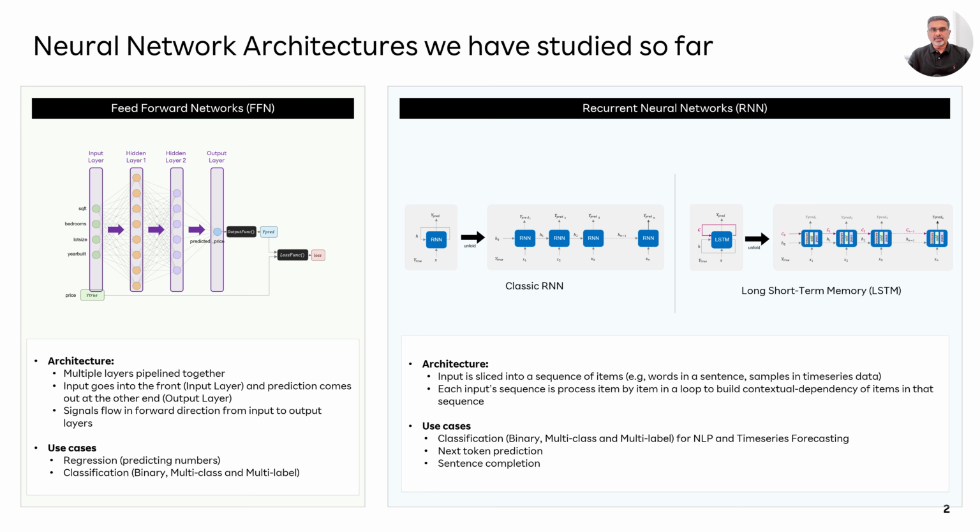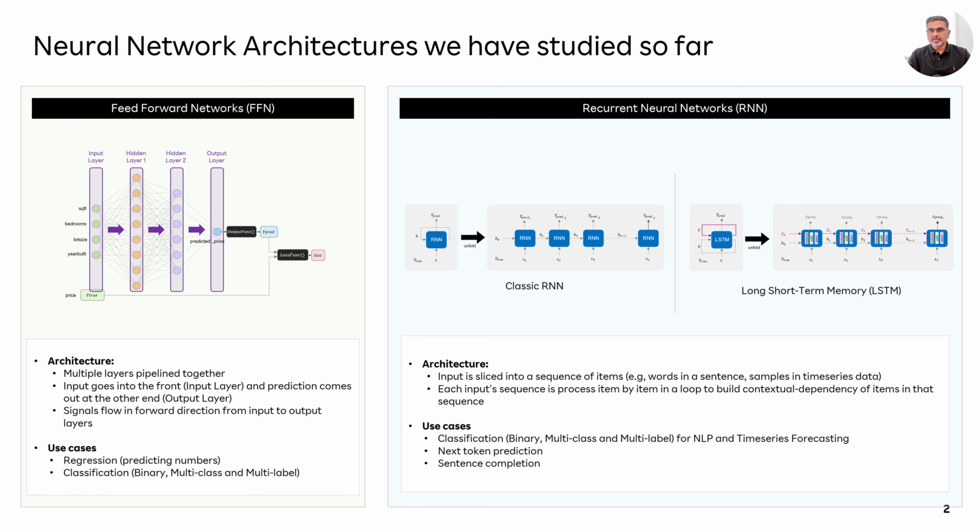We know that a sentence is made up of individual words, and the order in which those words appear in the sentence can determine the meaning of that sentence. So you would want a neural network architecture that can take in an input, split it into individual components, understand the pattern and the context that is flowing across all these individual items in that sequence, and then make a prediction. You can use that for text. We can also use it for things like time series data.